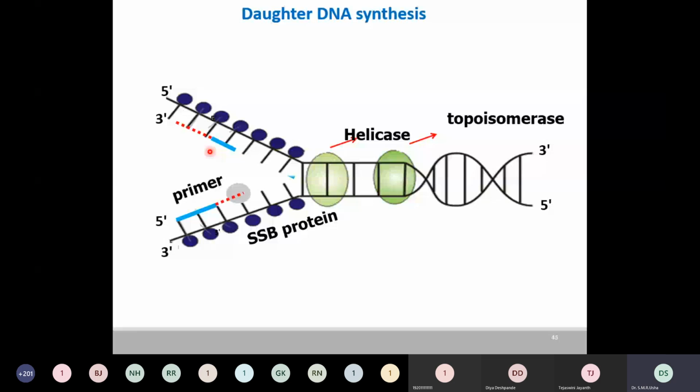Now let us see. To synthesize a strand in the 5' to 3' direction, it has to place a primer here with a 3-hydroxyl end. Now let us see what this primer does. So this primer synthesizes another stretch of DNA. Here it is synthesized completely.